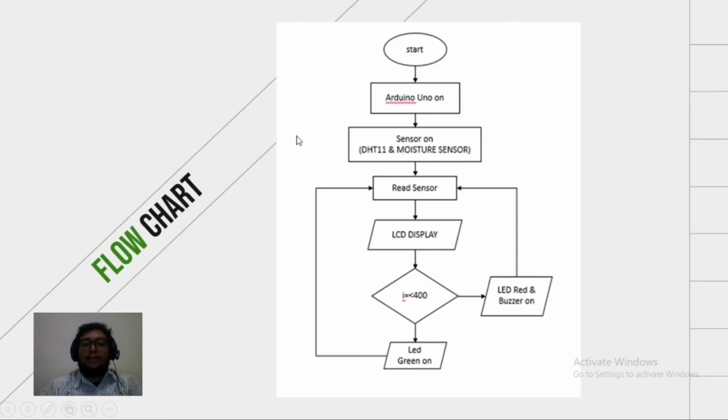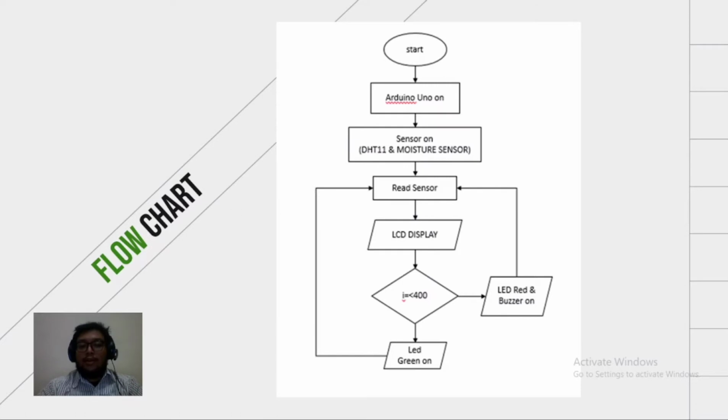This is the flowchart of the project. First of all, Arduino will turn on. After Arduino is on, the sensors will turn on, the DHT11 and the moisture sensor. After that, the sensor will read and then transfer the data to the LCD display. The sensor level is like a potentiometer, 1023.